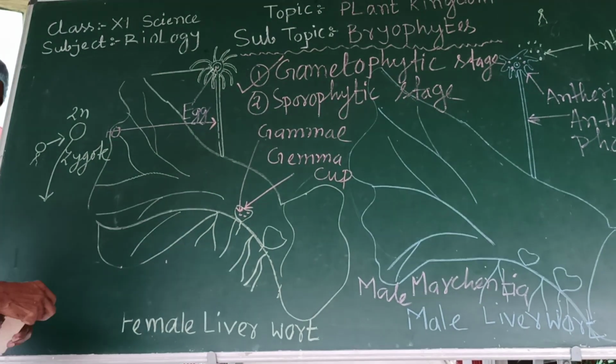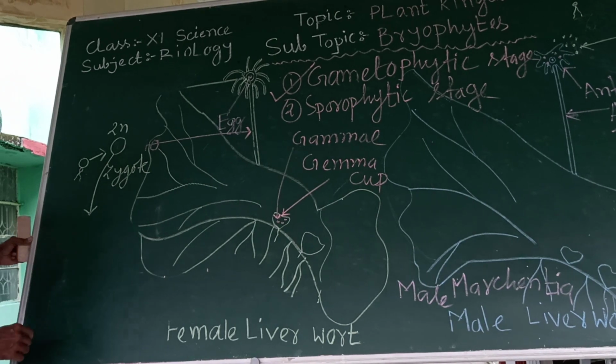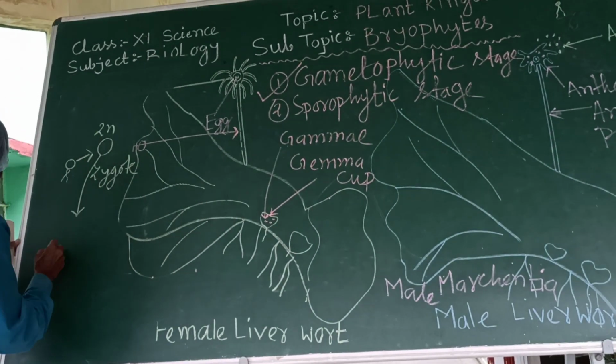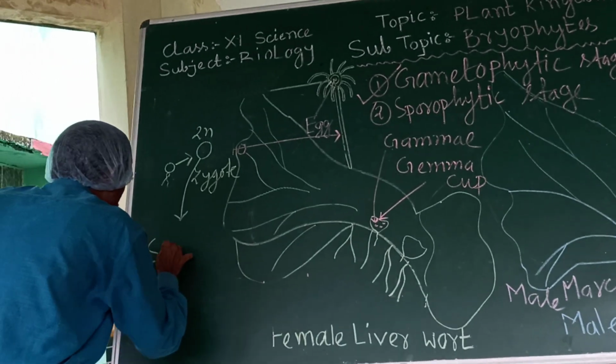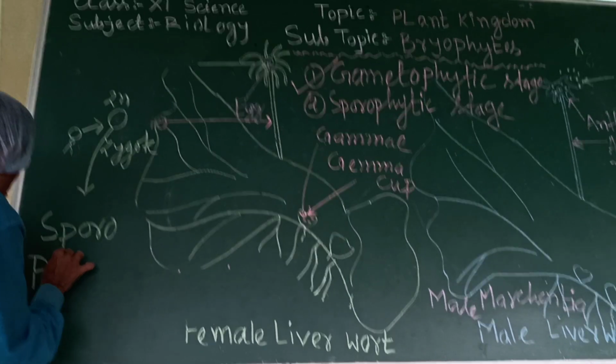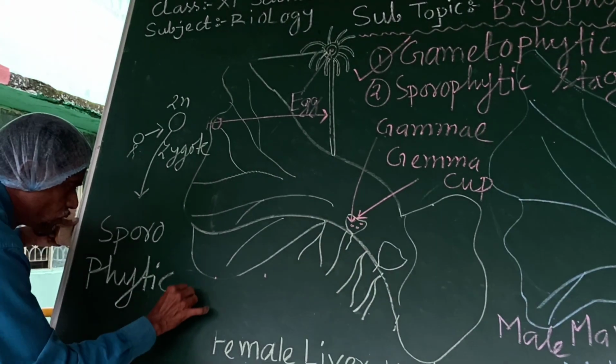The zygote divides repeatedly by mitosis to form a sporophytic body. So from the zygote we get the sporophytic stage.